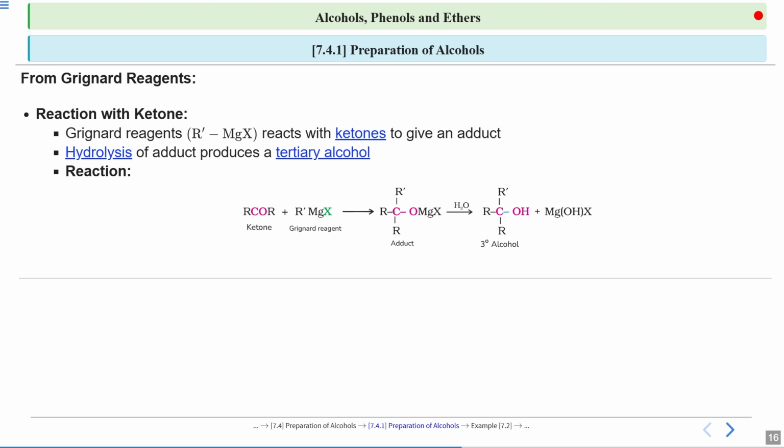So this is a tertiary alcohol. Plus MgOHX will be your side product. Okay. So formaldehyde gives us primary alcohol, other aldehydes give us secondary alcohol, and ketones give us tertiary alcohol after the reaction with Grignard reagent and hydrolysis process.